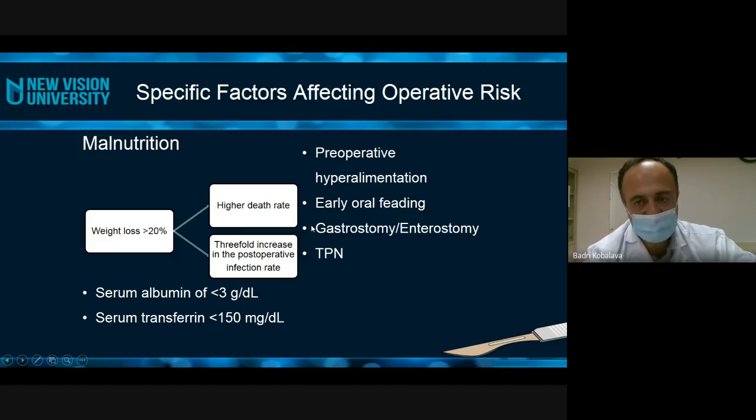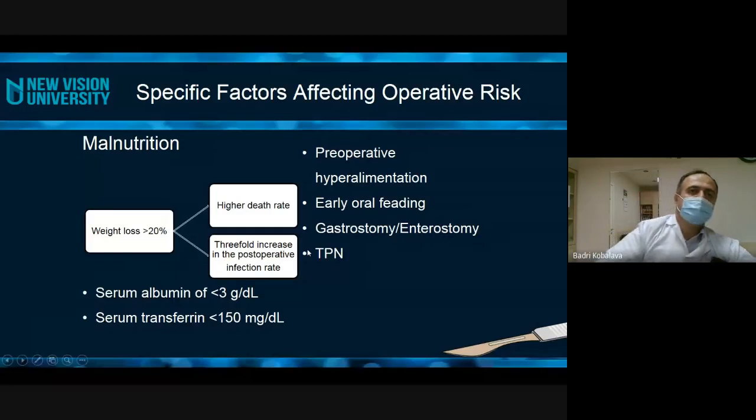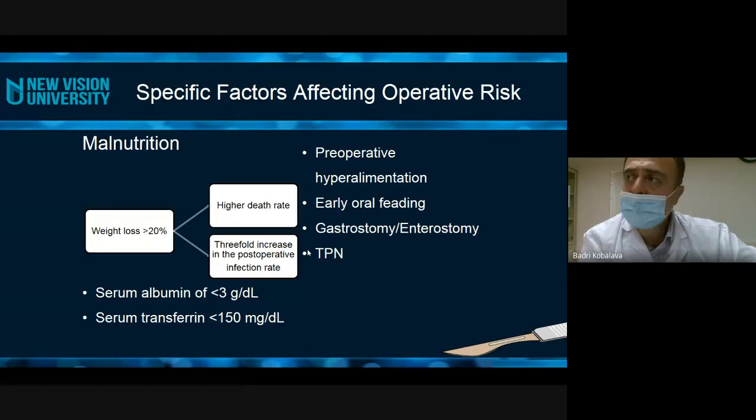It is called gastrostomy, or in the small gut, enterostomy, for feeding. And the food and nutrients are injected into this tube.